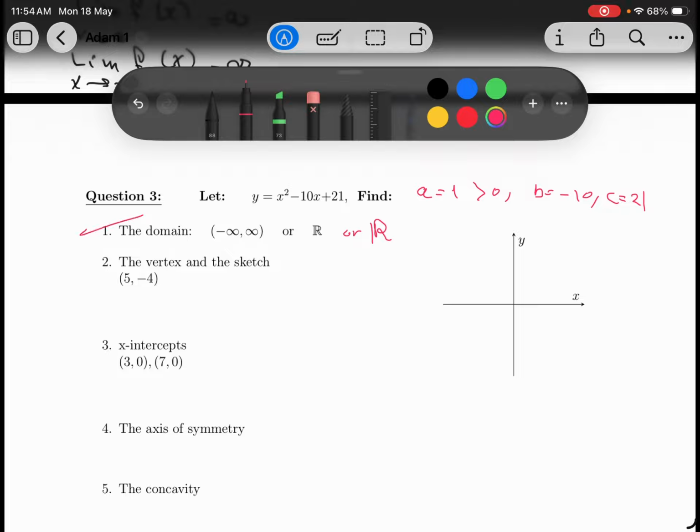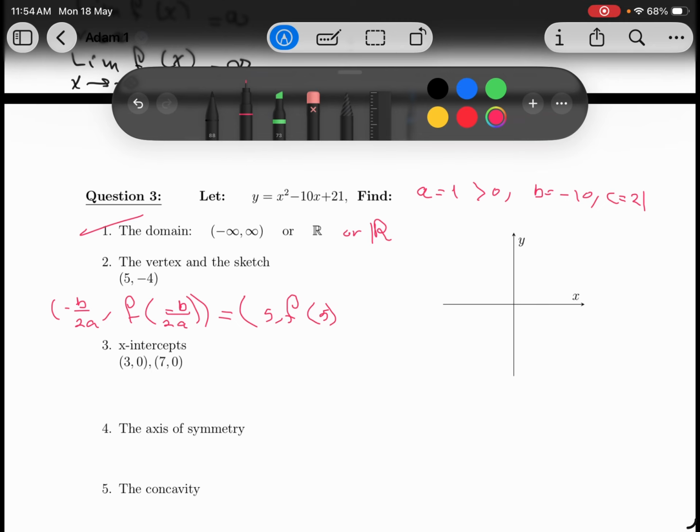The vertex is minus B over 2A, and f of minus B over 2A. B is minus 10, so with the minus it will be 10 over 2 simply, which is 5, and f of what?